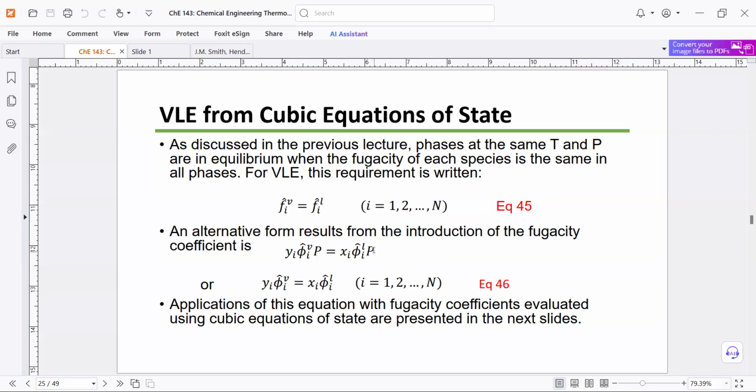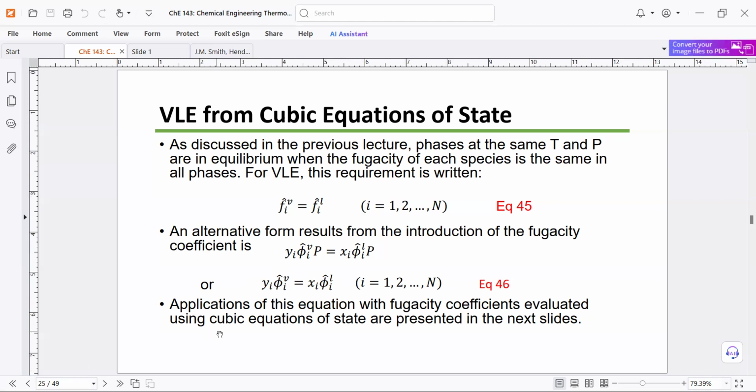And then for the liquid phase, it's the mole fraction also multiplied by the fugacity coefficient in solution and the pressure. We can remove the pressure from the equation, and we are left with equation 46, which equates both the vapor and liquid phases.